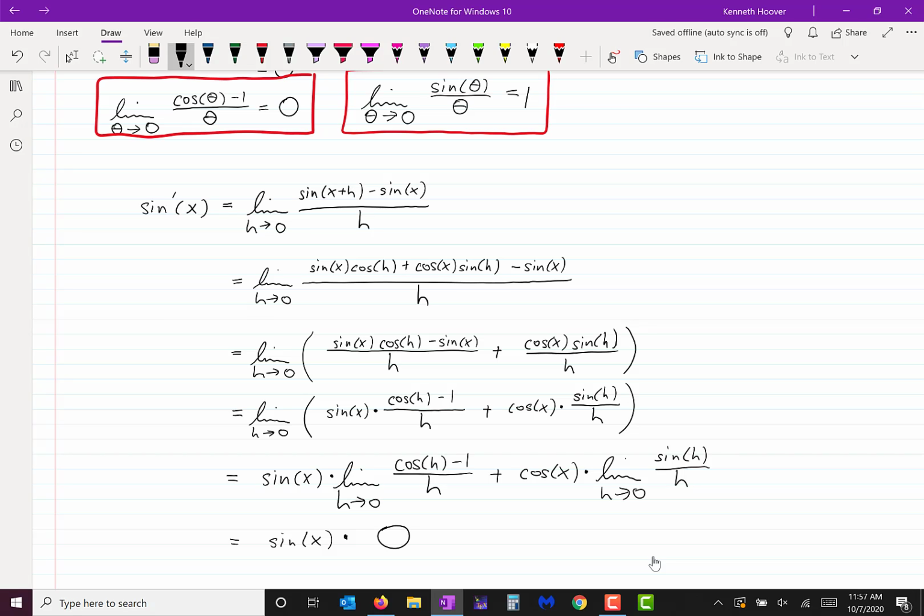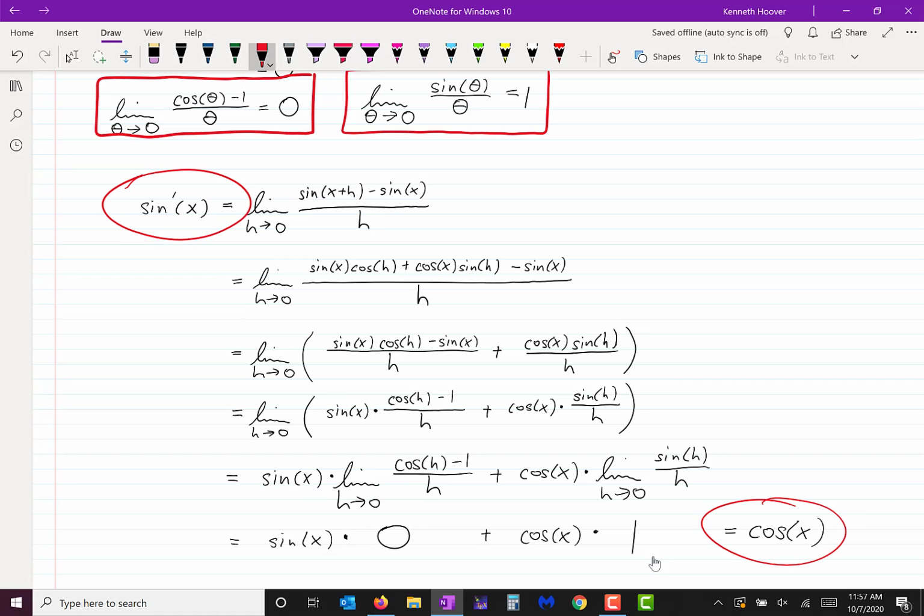Times 0, plus cosine of x times what? Times 1. And what's that going to equal? Cosine of x. So the derivative of sine equals cosine. Okay? That's where that comes from.